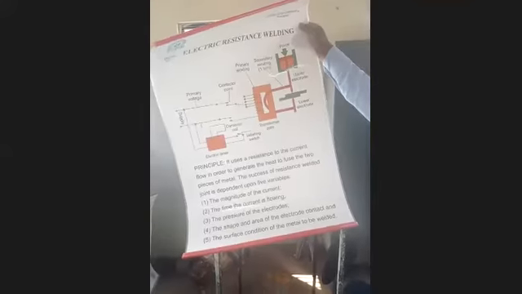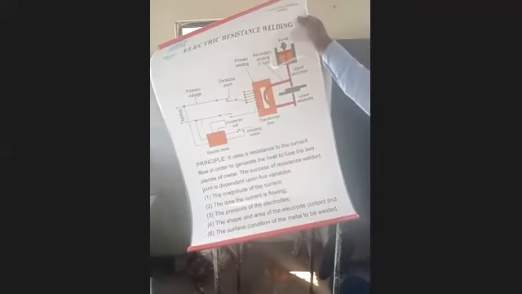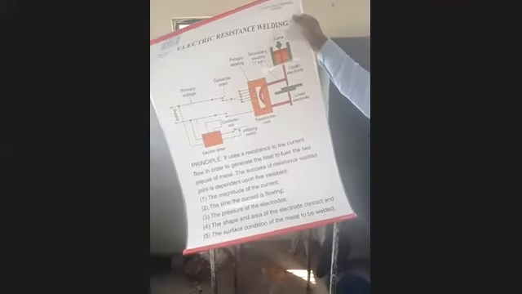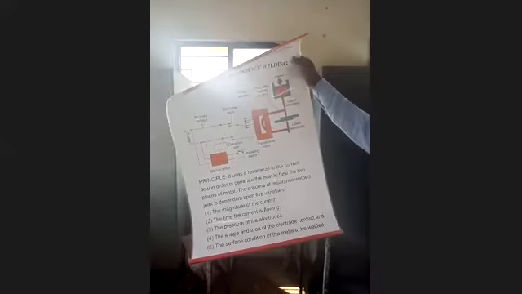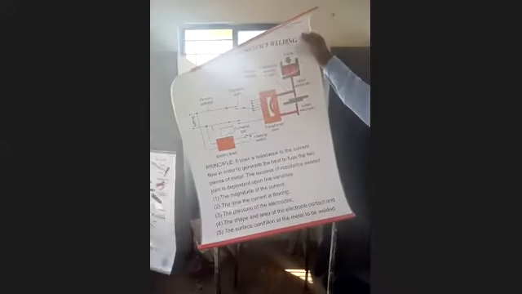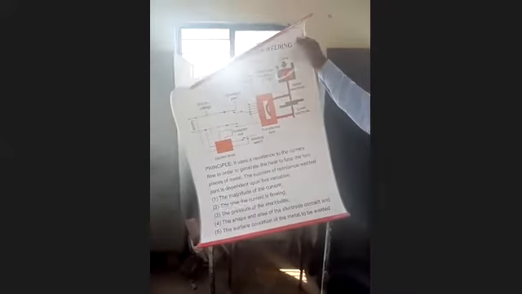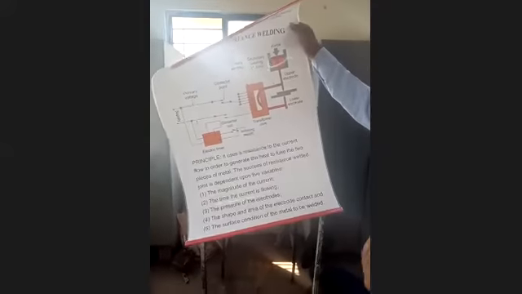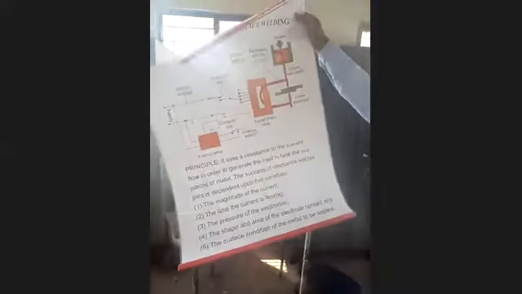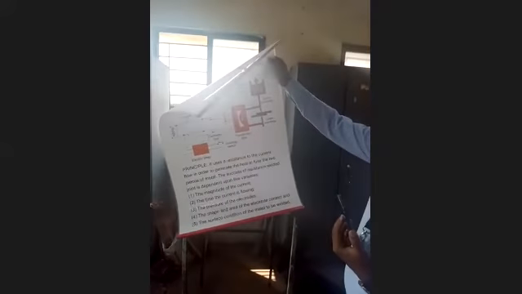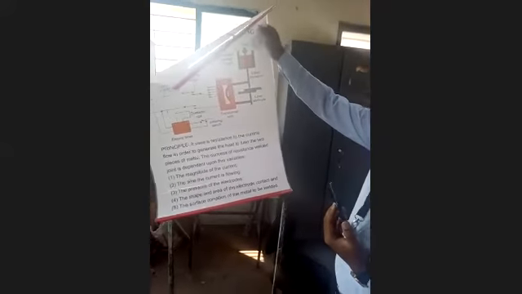The very important 5 variables are: how much current you are supplying, how much time the current is flowing, the pressure of the electrodes, because you are applying the pressure by using the press pedal, the shape and area of the electrode contact, and the last is the surface condition of the metal to be welded.